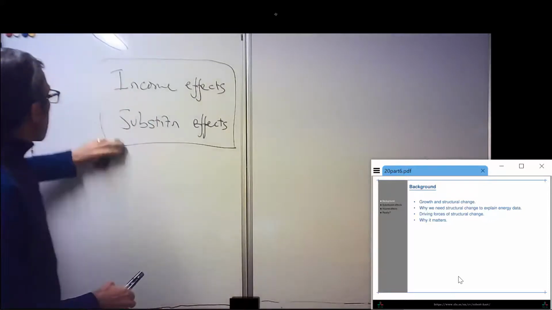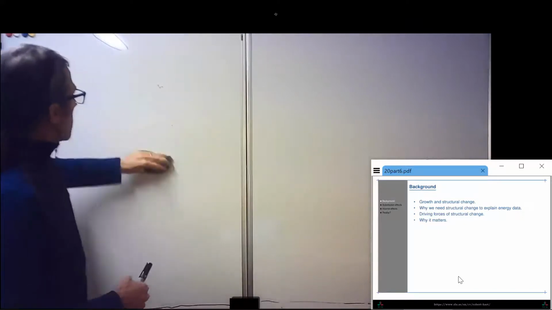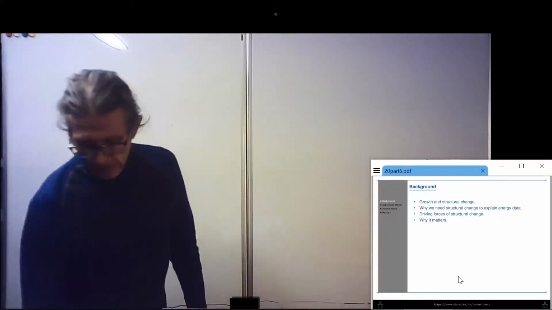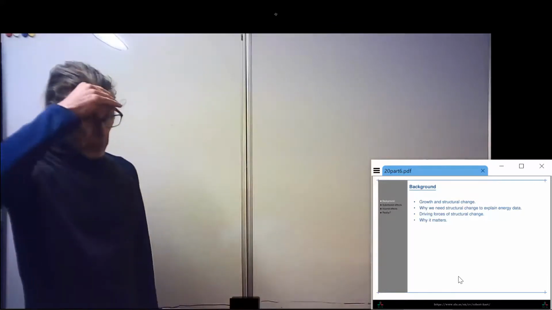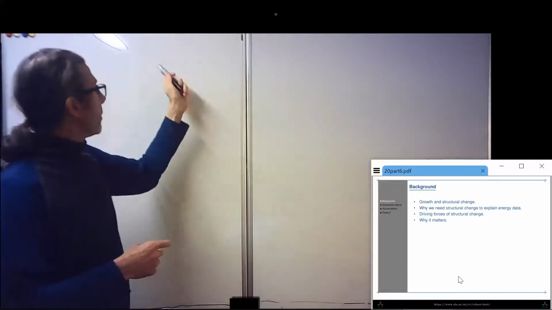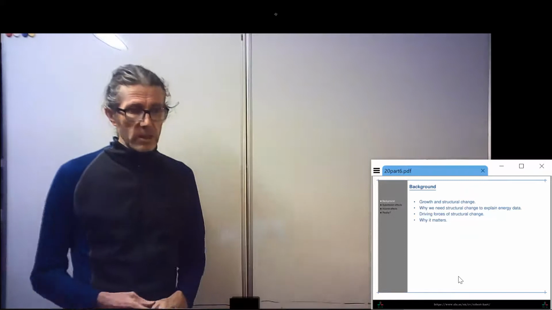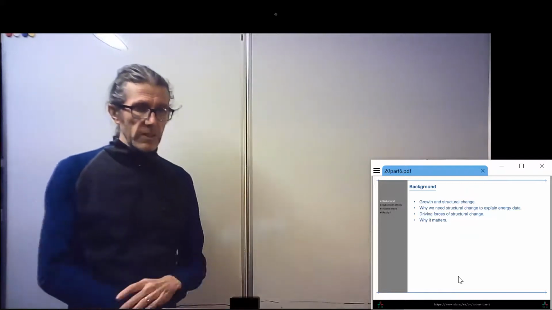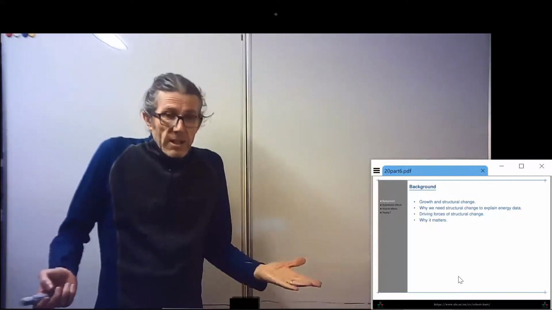Why does this matter? Why can't we just look at the long run data and say, well, look, we know that taxes will have this big effect because we have a big elasticity of substitution between labor and resources. So we should go for taxes. But then what if we can't do taxes?